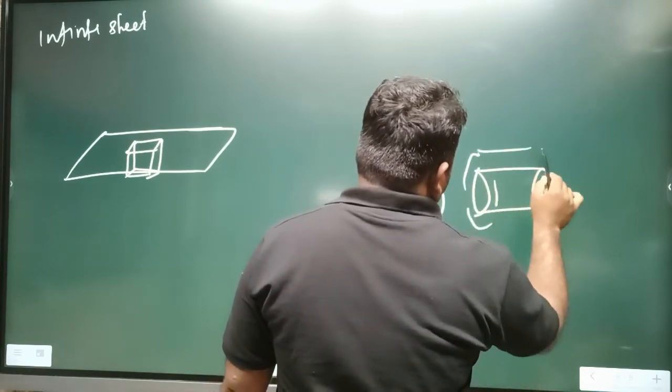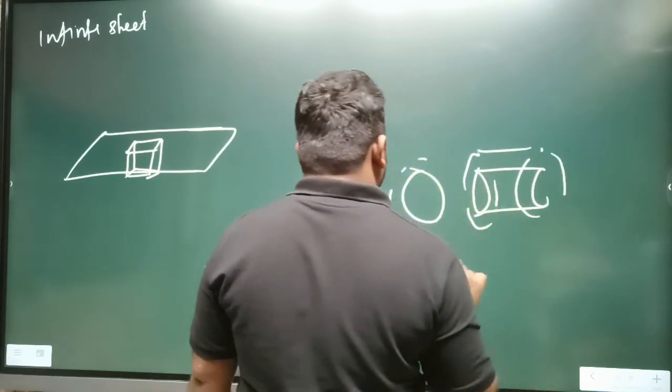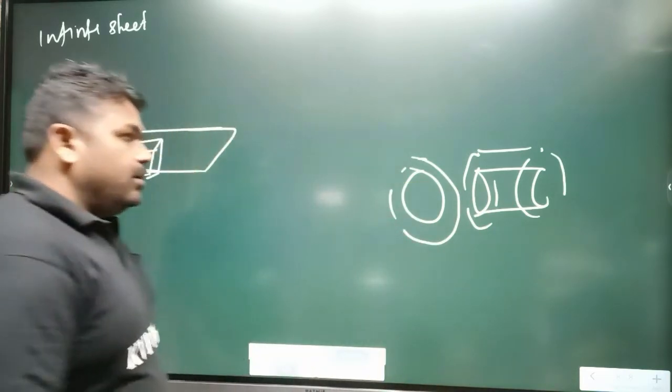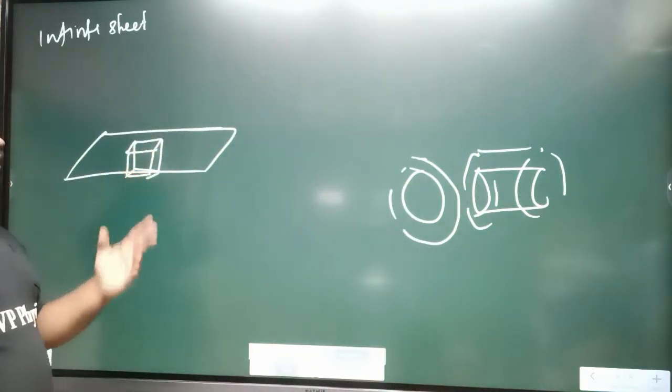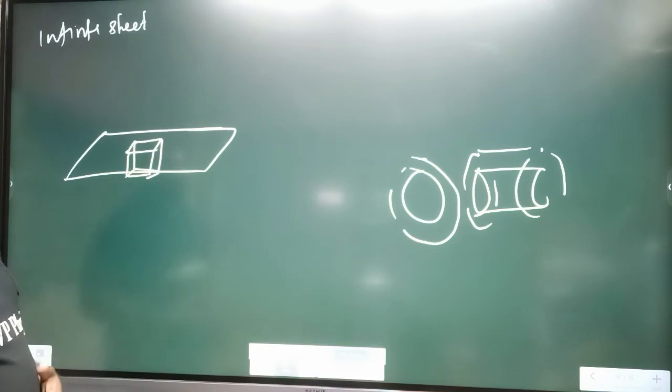Yes or no? This one is a Gaussian. Got it? For an infinite sheet, we can take a cube.